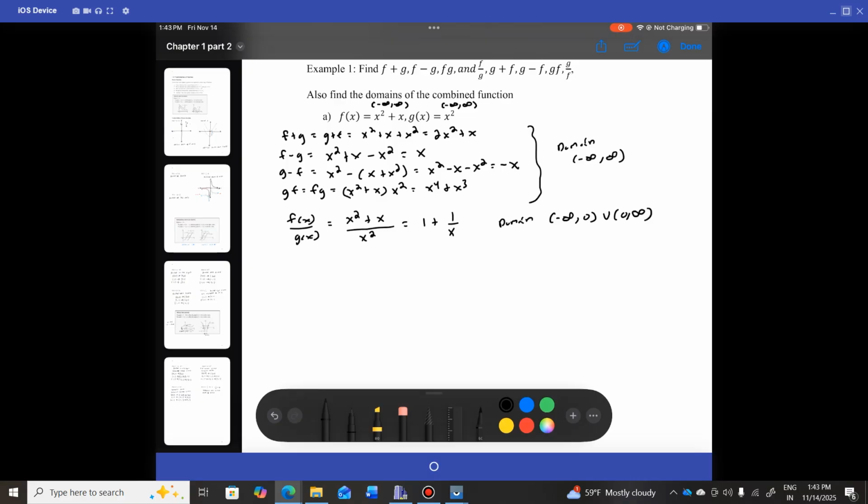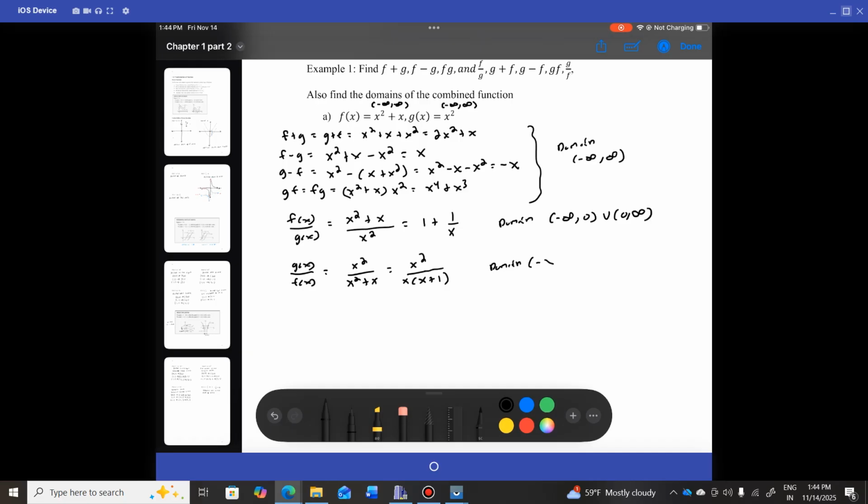And then we look at g of x over f of x. We have x squared over x squared plus x. And so we can simplify this a little bit, factor out an x, and we get x over x plus 1. And so we have a domain that has two restrictions.